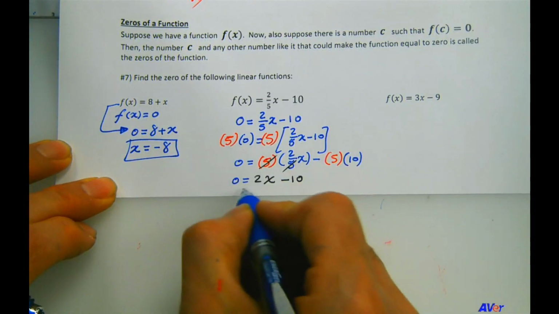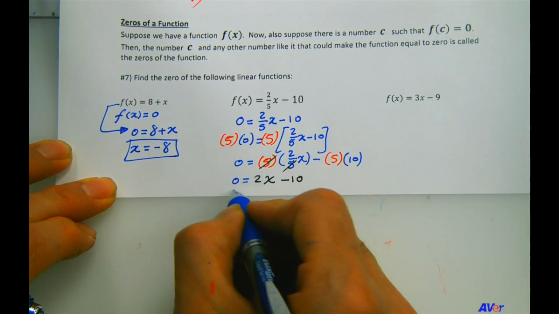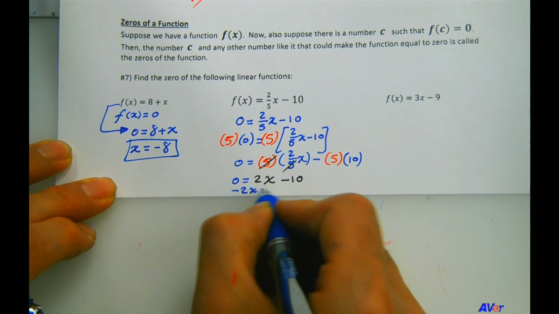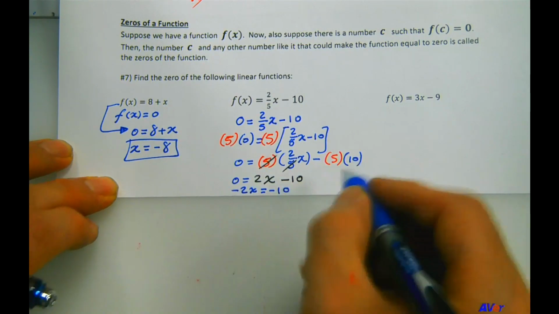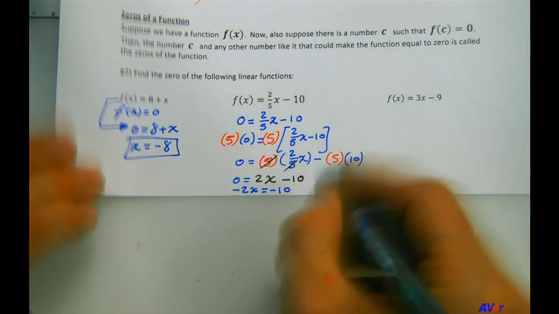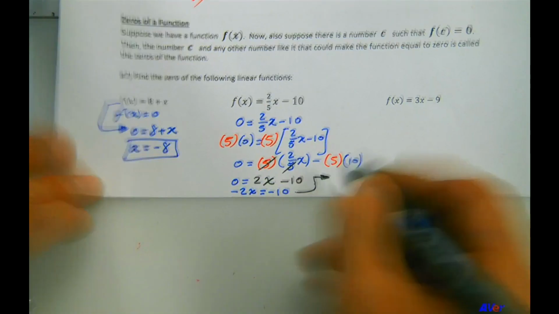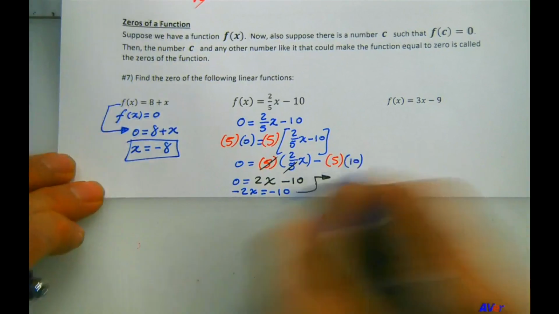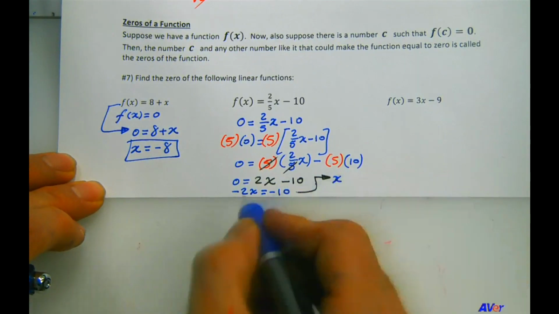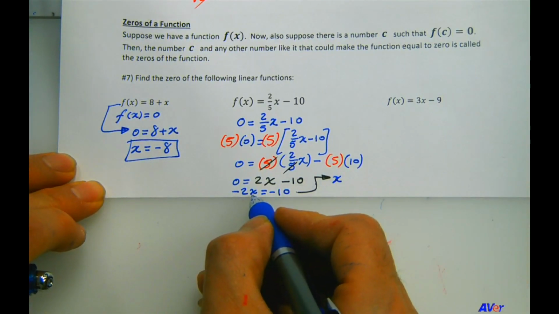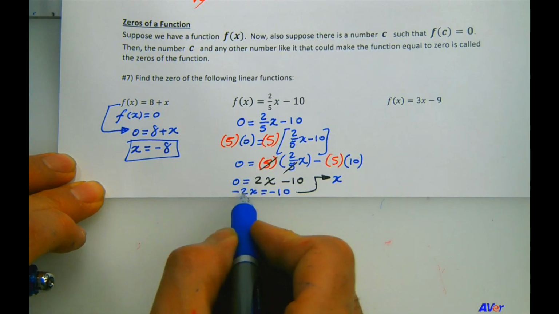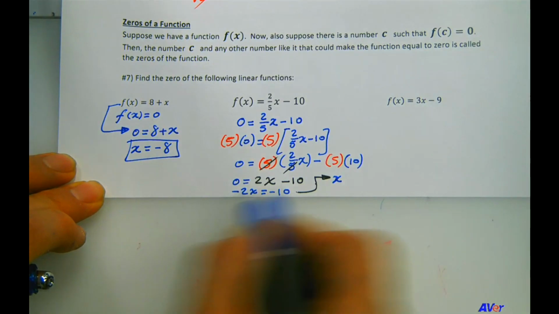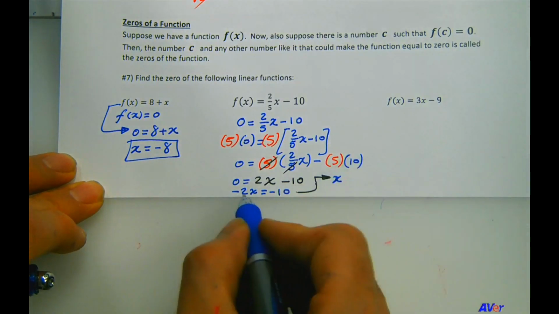We get minus 2x equals minus 10. And then we get x. We're solving for x, which means we're isolating x. What is preventing x from being isolated? This minus 2. So let's divide both sides by negative 2.